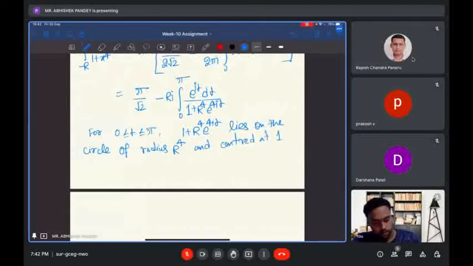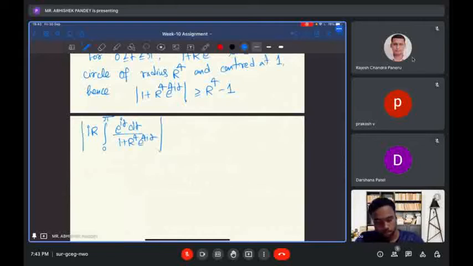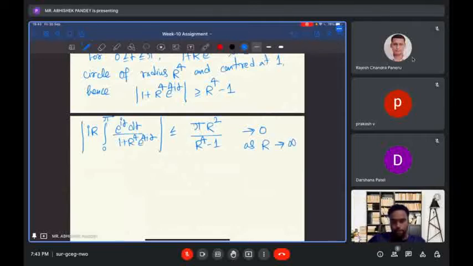Hence, now integral i r e to the power iota t dt over 1 plus r to the power 4 e to the power 4 iota t is basically less than or equal to pi r square upon something. This is clear.